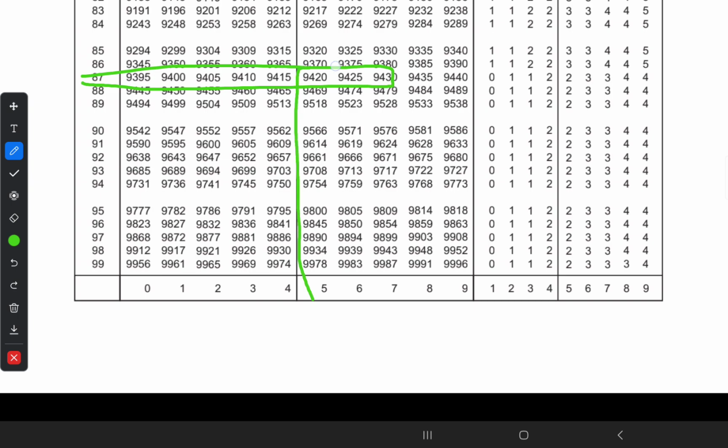Fifth column means this one. That is 94.20. In that there is no mean difference included. So you can keep only 94.20 with you.